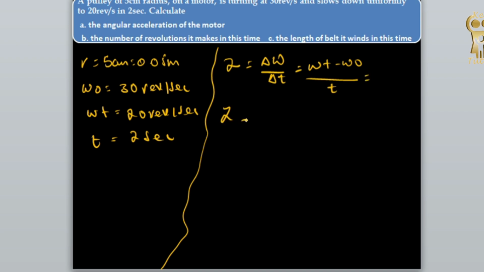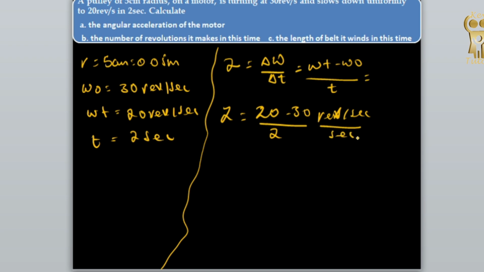Therefore, angular acceleration equals (20 minus 30) over 2, in revolutions per second over seconds. That is negative 10 divided by 2, so the acceleration is minus 5 revolutions per second squared.